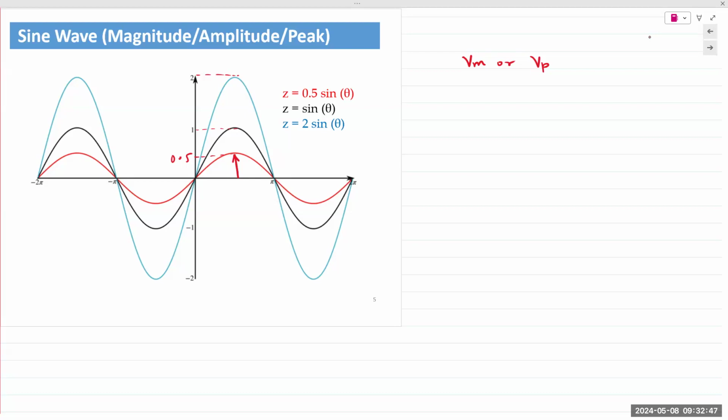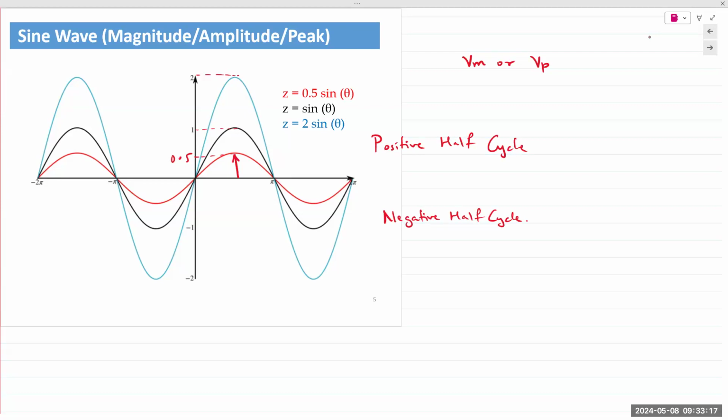We state this as the positive half cycle and this is the negative half cycle. Positive and negative half cycle. And the Vm or V peak describes both.